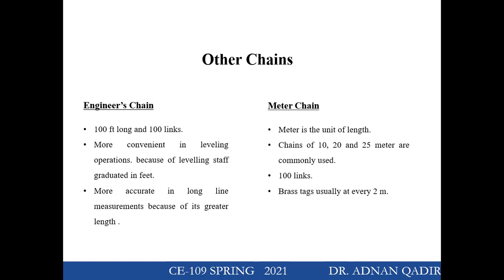Obviously, meter lengths of 10, 20, 25 meters are commonly used. It also has 100 links, and the brass tags, as I've shown in the previous chain, are also attached at every 2 meters. So in 10 meters, you will have at least 4 brass tags.